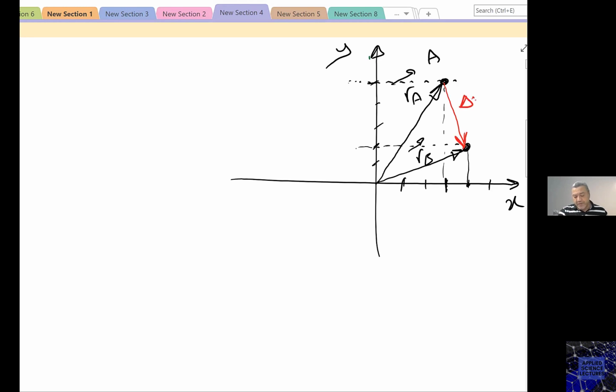So this one is delta R. That's my vector, the displacement vector that I am interested to calculate.